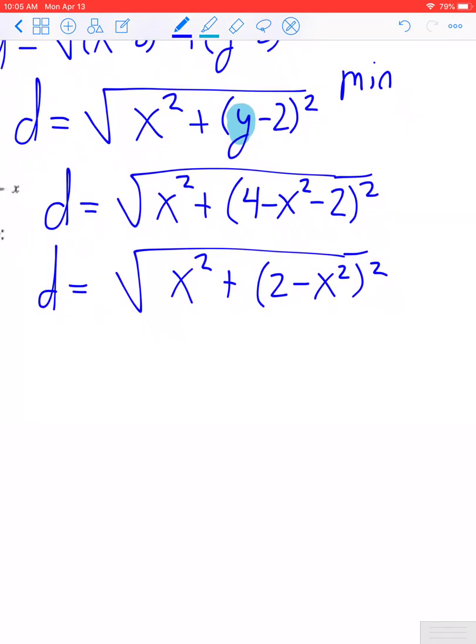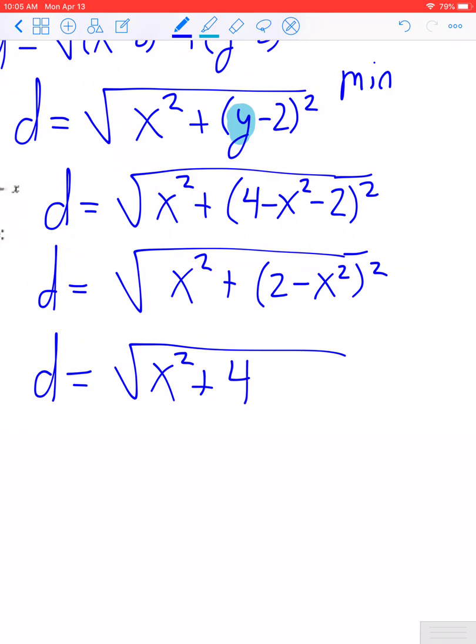We can, of course, go ahead and simplify this a little bit more. D is going to be equal to the square root of x squared. If I expand everything on this other term, you would have 4 minus 4x squared plus x to the fourth. And now let's go ahead and write it in standard form.